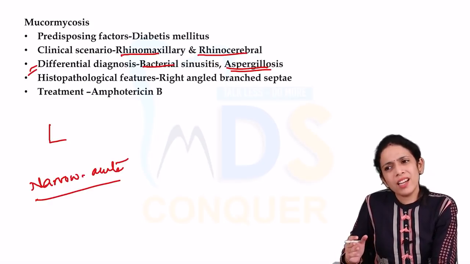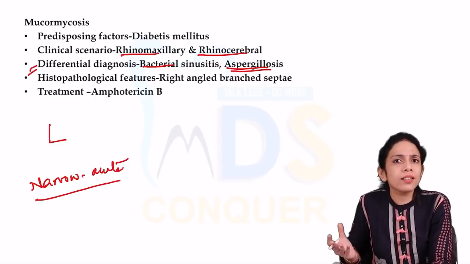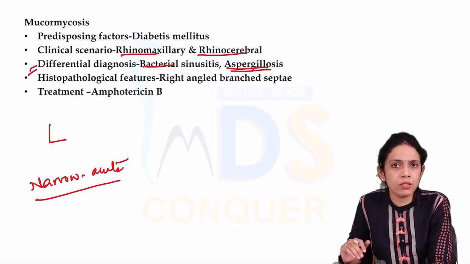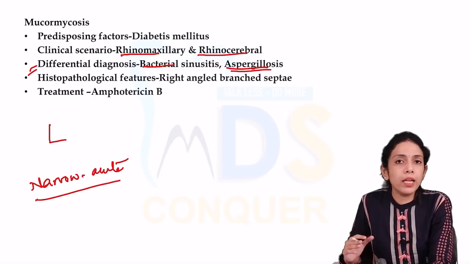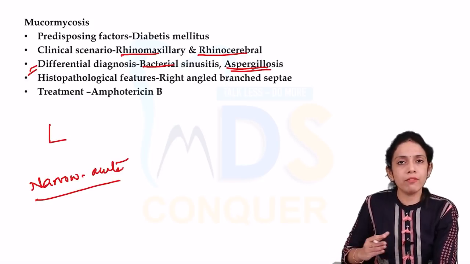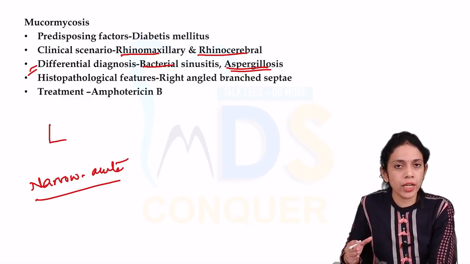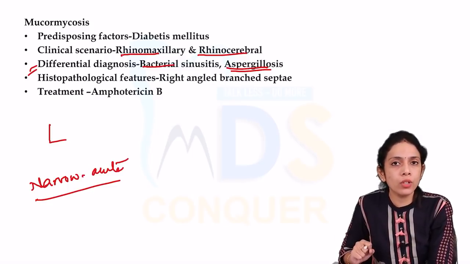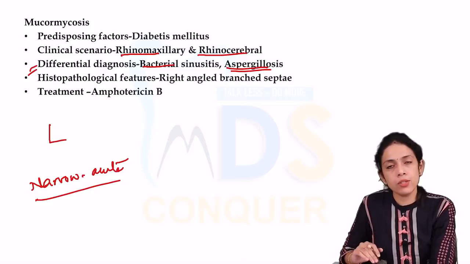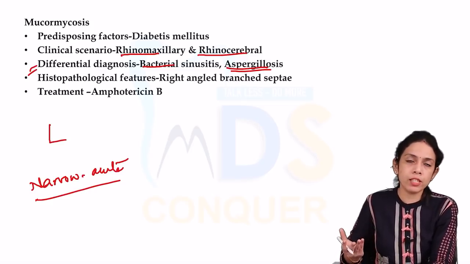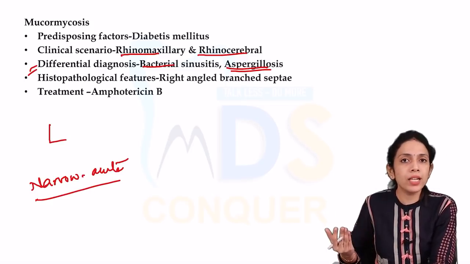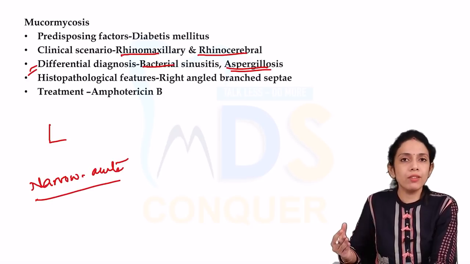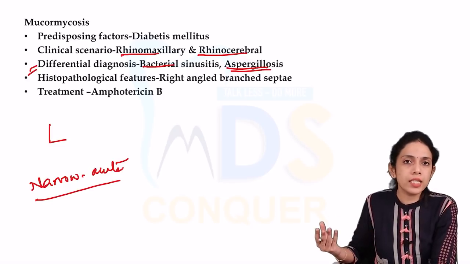So why can mucormycosis occur in post-COVID-19 patients? Because we know COVID-19 patients have been given long-term steroids, right? Dexamethasone is one of the treatment modalities given for COVID-19 patients, and dexamethasone being a steroid, it is an immune suppressant, and it can also cause hyperglycemia, which again favors this fungal disease to occur.